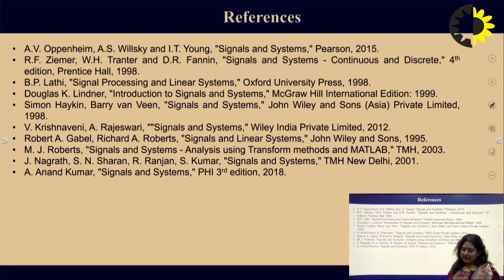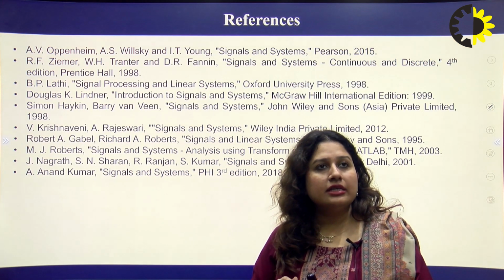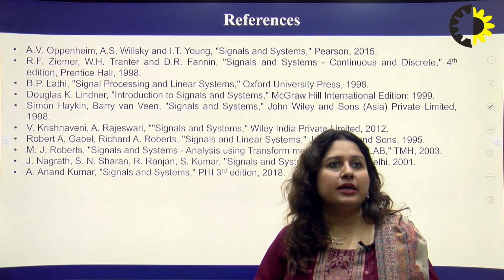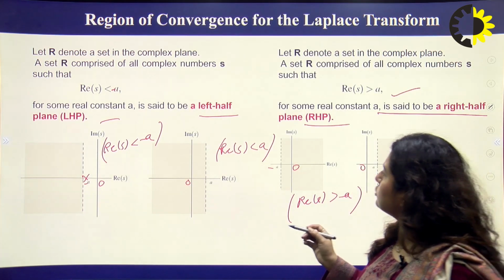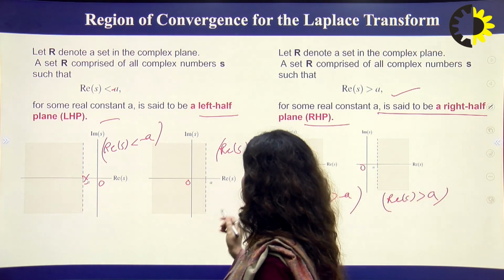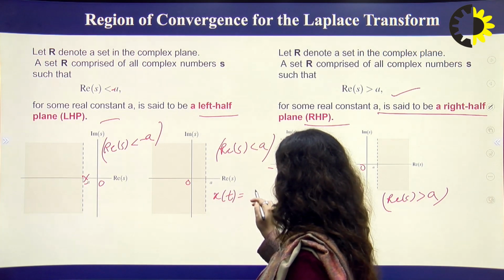So in this lecture, we are just covering what we have done in the Laplace transform, that we have to just see whether there is a right half plane or left half plane in the function. And you can see in the figure also, or you can solve some numericals on this topic particularly, that for example x(t) is equivalent to delta(t).